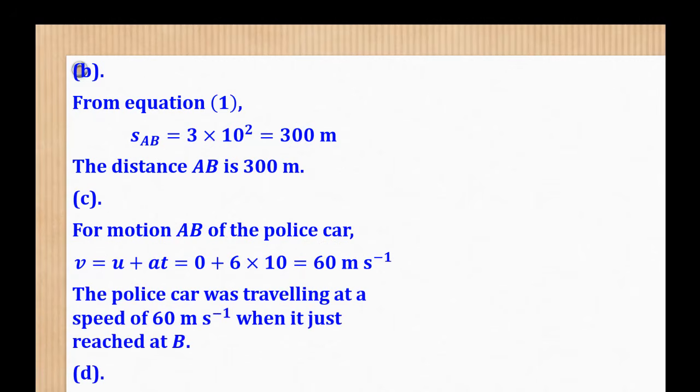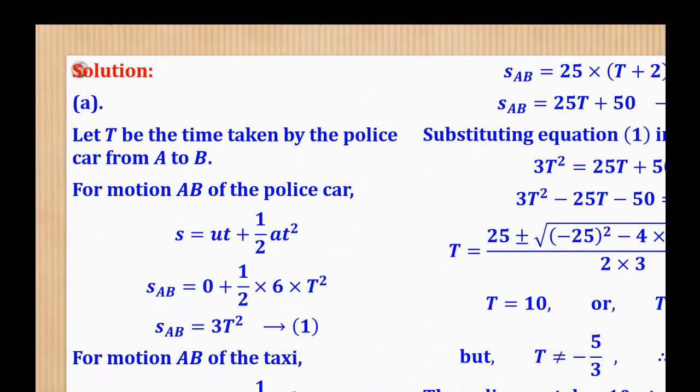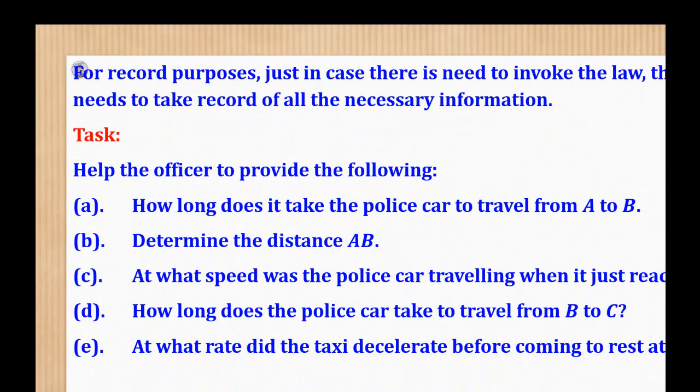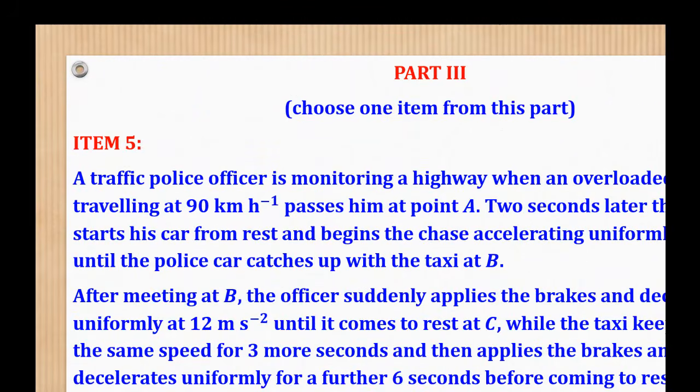Then part D, how long does the police car take to travel from B to C? Remember, here they told us something. After meeting B, the officer suddenly applies brakes and decelerates uniformly at 12 meters per second squared until it comes to rest at C. So there is a deceleration now.